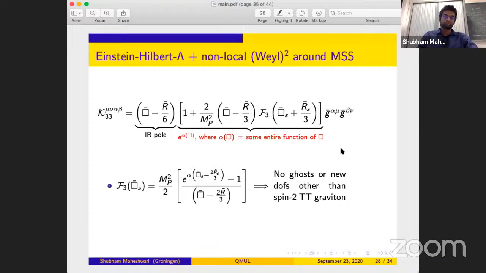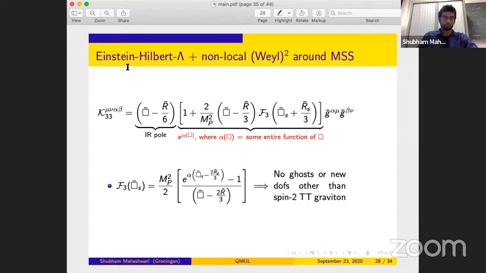And you just invert this relation, and you get the function f of 3 in this particular form. It's given by this exponential minus 1 divided by box minus 2R by 3. So the question is just about finding a particular form for this function f of 3 such that there are no new degrees of freedom.